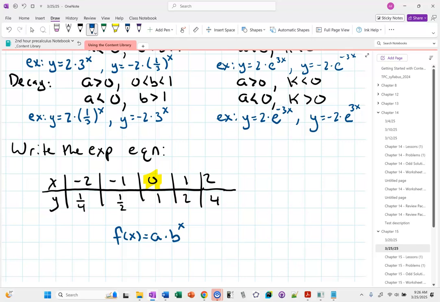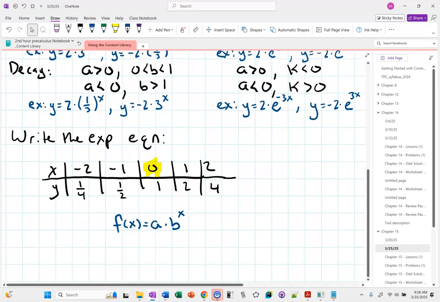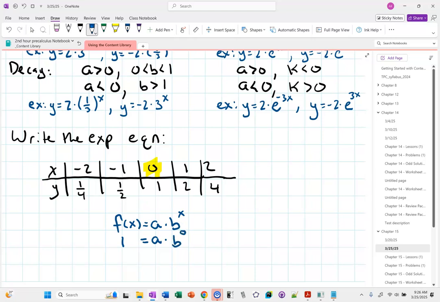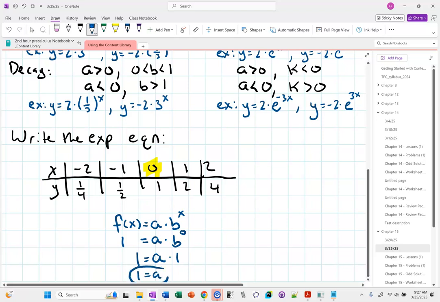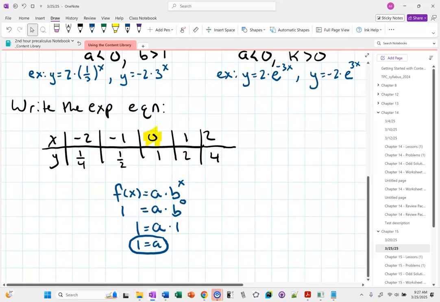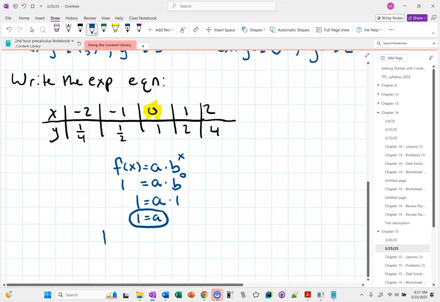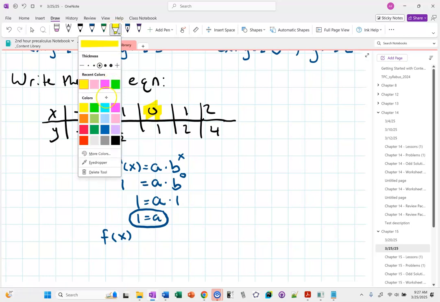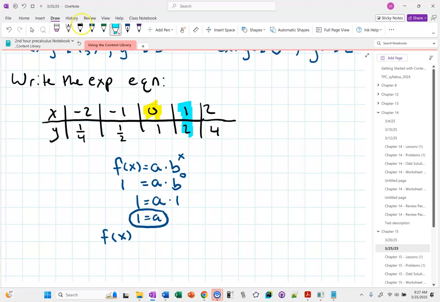So the goal is to write our f of x equals a times b to the x equation. To do that, we're just going to plug in our x and y coordinates into x and f of x. Because we have that 0, I know b to the 0 is 1. So I'm left with a equals 1 in my equation. Using that, I can then pick another point from my table, say 1, 2.